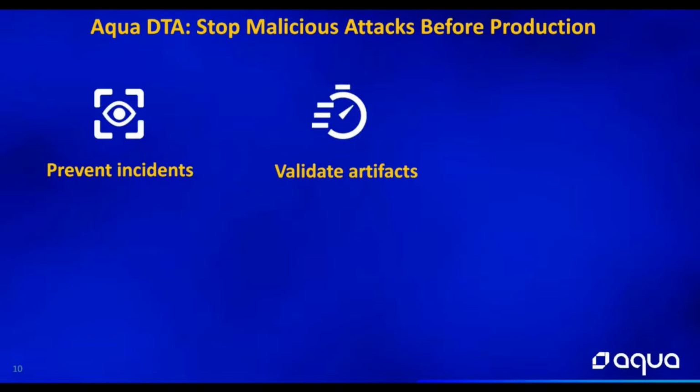So any image that is coming from the outside, before adding any application code into it, will be validated with static scanning, but also dynamic threat analysis, so that we can look into both sides of the security posture of that base image. And it also helps reduce the attack surface by finding and addressing these risks early in the application lifecycle. You are able to reduce attack surface and better protect your running applications.